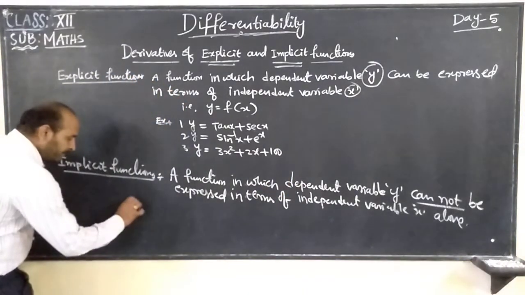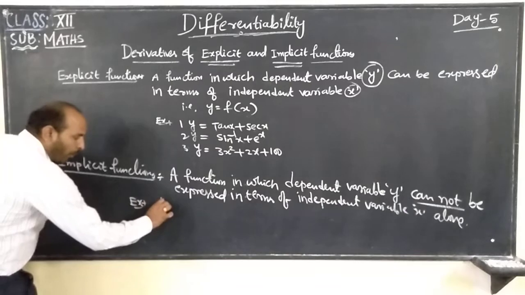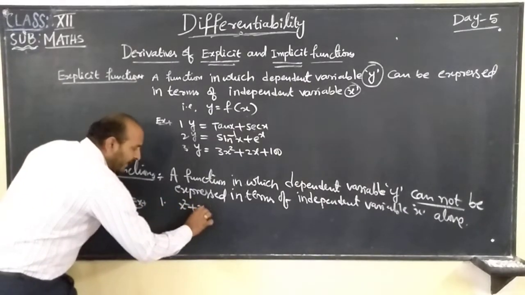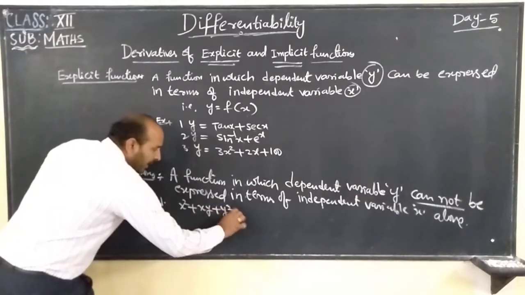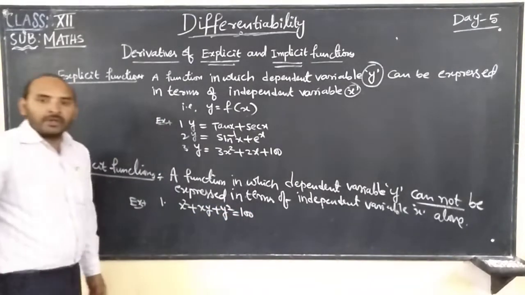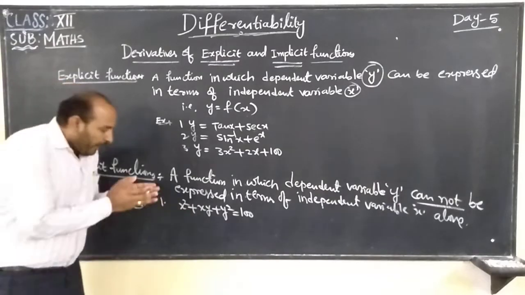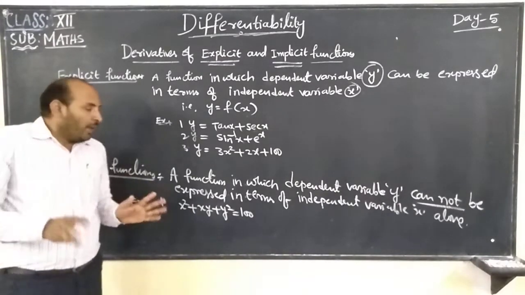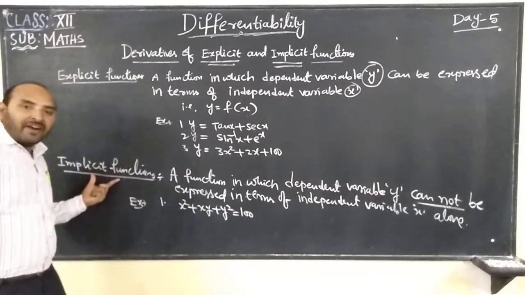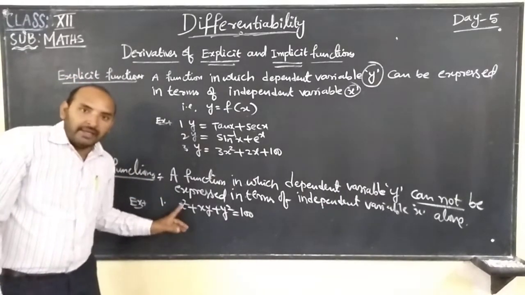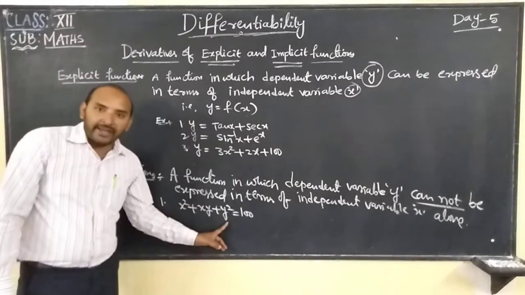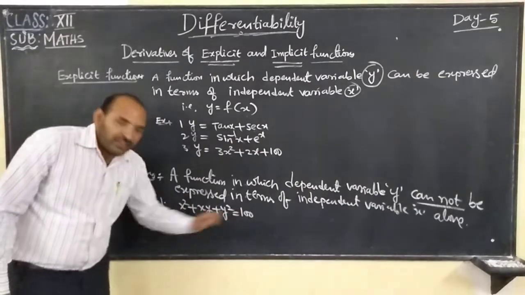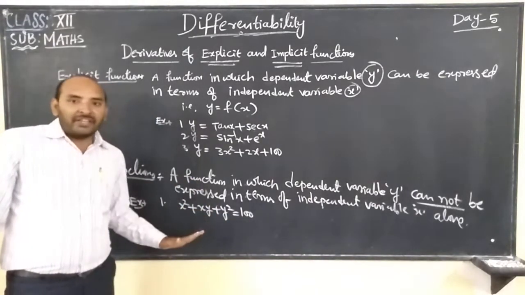For example, one function: x square plus xy plus y square equal to 100. This is the function. We cannot separate, x must be alone. That means in the function, the relation between x and y is expressed, the function is established, and such types of functions are called implicit functions.